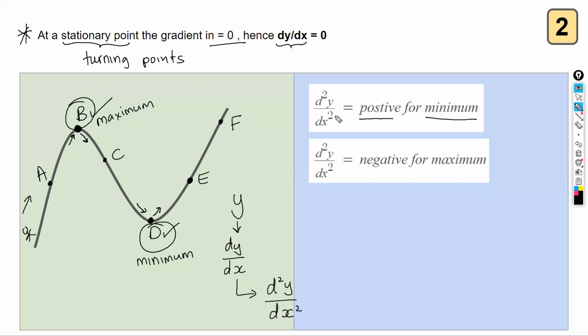But if you differentiate twice and get a positive value, that particular point is a minimum. If your d squared y dx squared is negative, that point is actually a maximum. Now, these are just words on the screen for the time being. You're only going to truly understand this when we do an example. All right, so let me know when you're finished with everything on the screen, and we will move on.